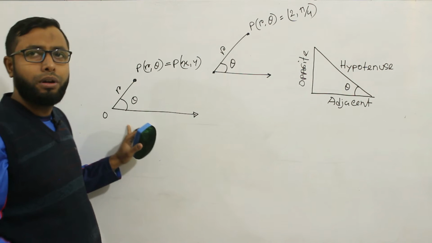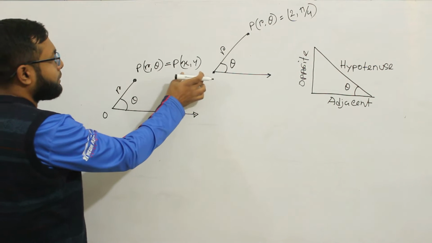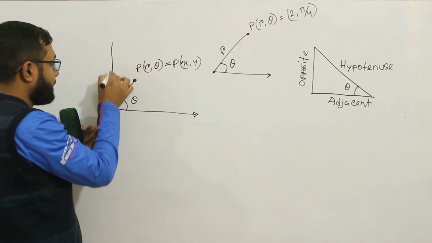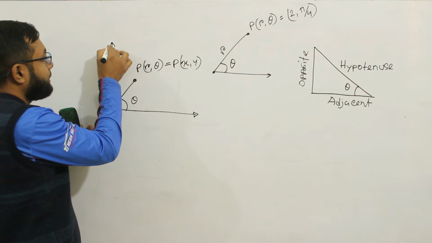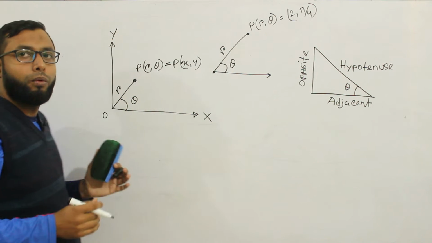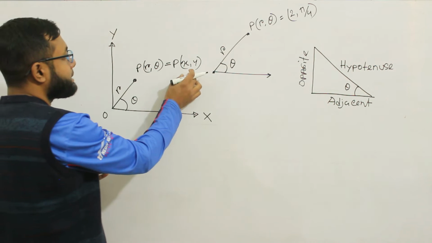So this is our polar coordinate. If we place the Cartesian coordinate on the same point O, this will be our x-axis and this will be our y-axis, and we need to find the values of x and y.